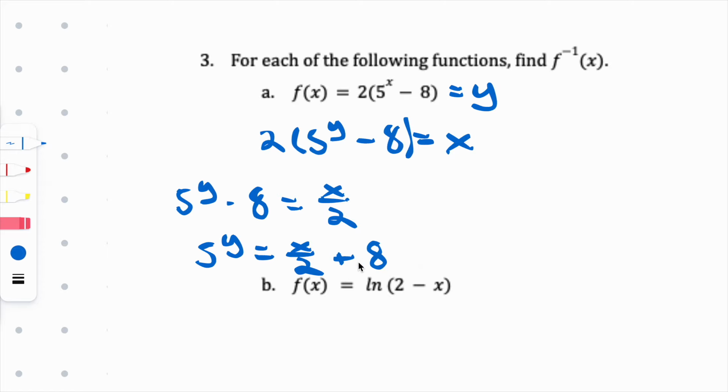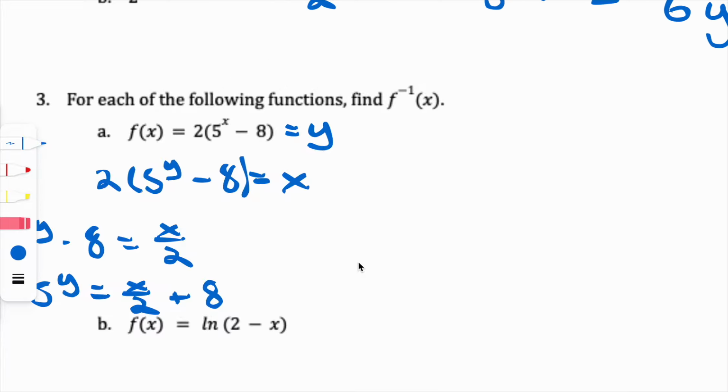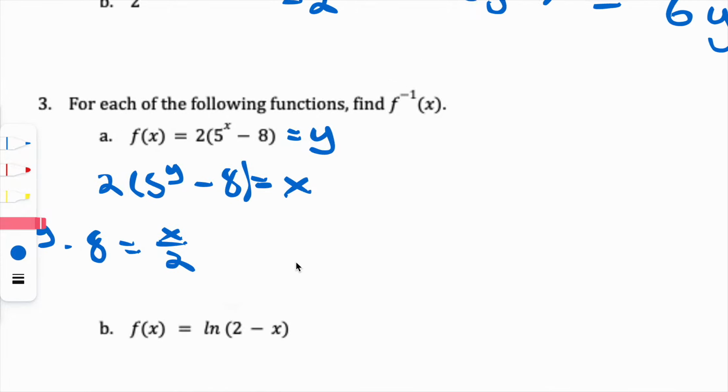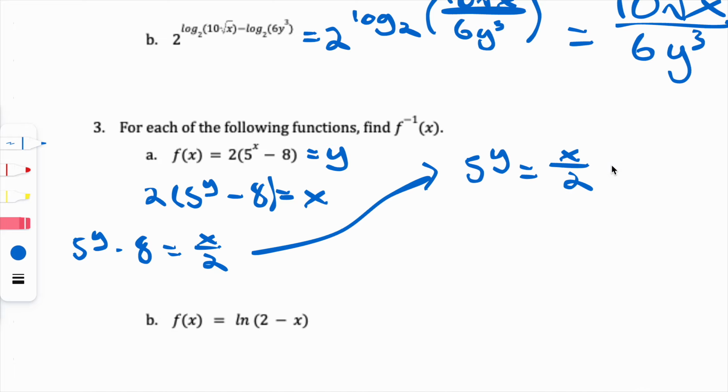I'm going to rewrite that. When we add 8 to both sides, we get 5 to the y equals x over 2 plus 8.